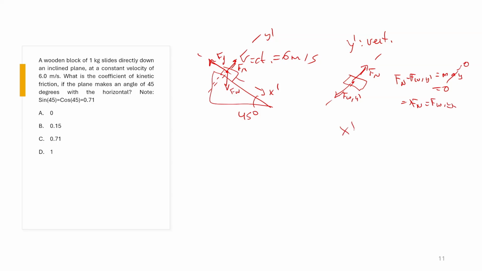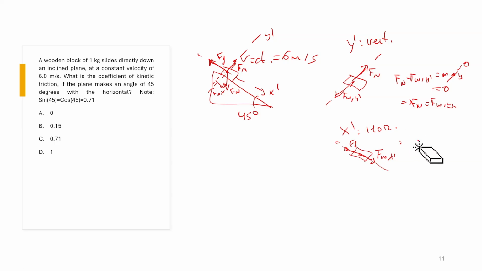Okay, what about the horizontal? Horizontal is in this direction. In the horizontal, I have friction, and I have the x component of the weight, so weight in x prime. So I can make the balance of forces.